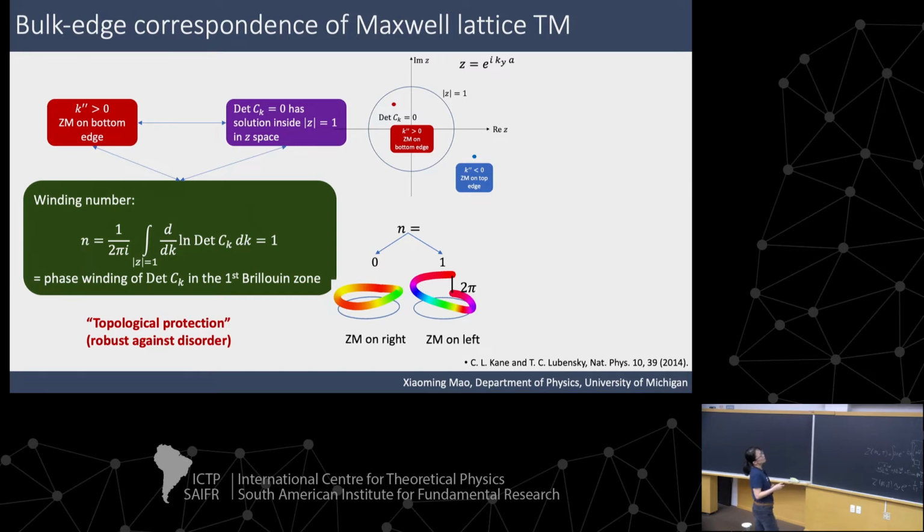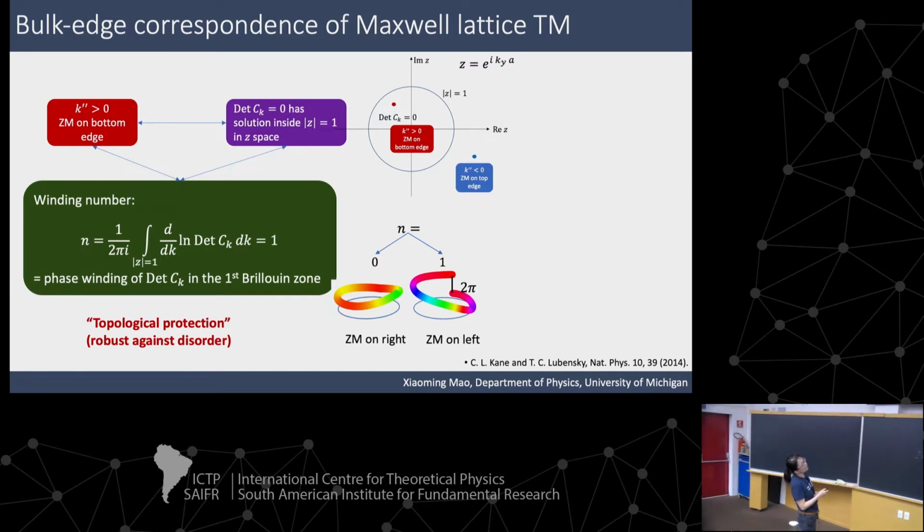And then you go to the complex plane like this, and this unit circle on the complex plane is a mapping of the first Brillouin zone, right? So you change the wave vector k from 0 to 2 pi, or from minus pi to pi, right? You go around this unit circle, because if ky is real, this z can only take a modulus of 1, right?